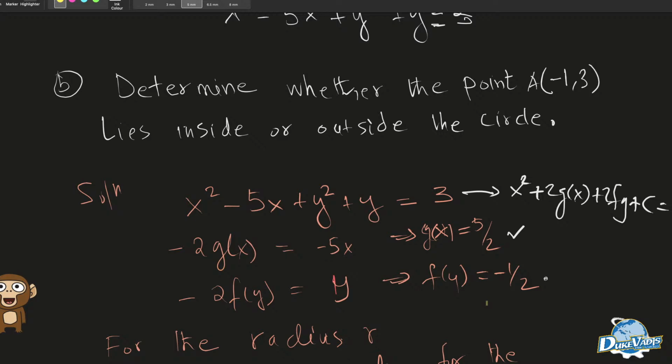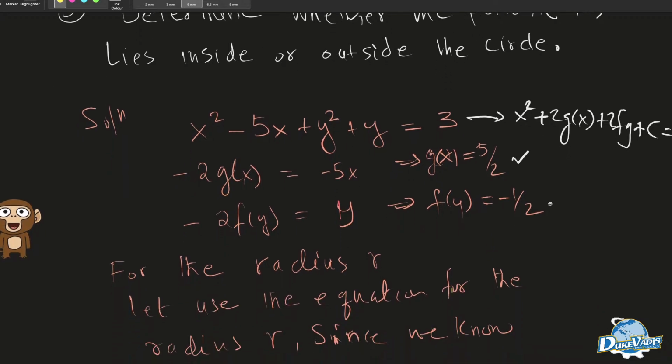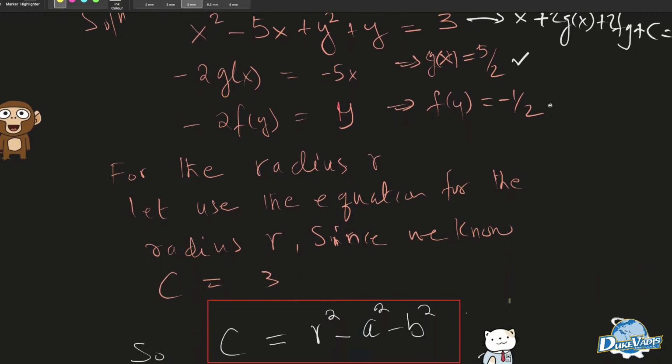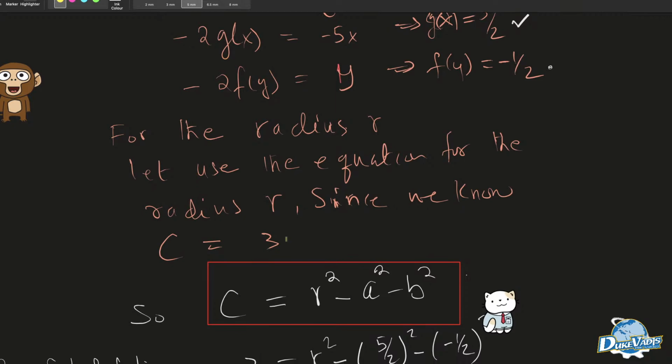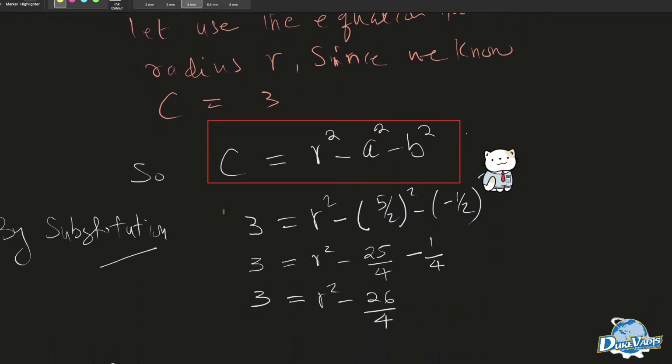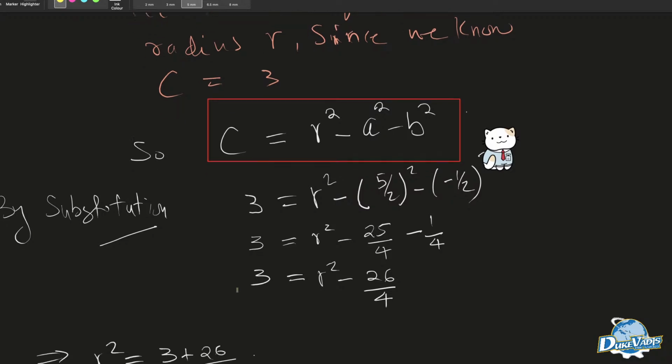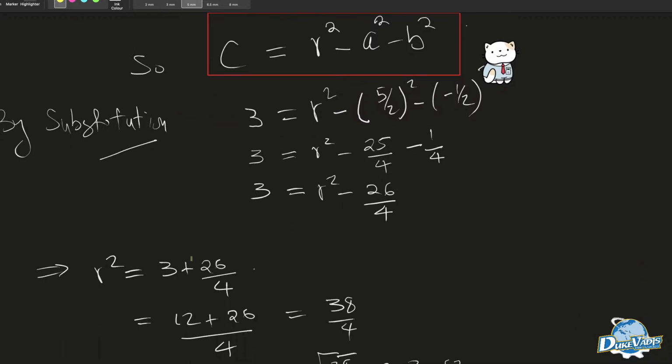Now to find the radius r, let's use the equation for the radius since we know c to be equal to 3. So c is equal to 3, r we don't know, we know a, we know b. So via substitution, we are going to get this equation that will yield r squared to be equal to 3 plus 26 divided by 4.